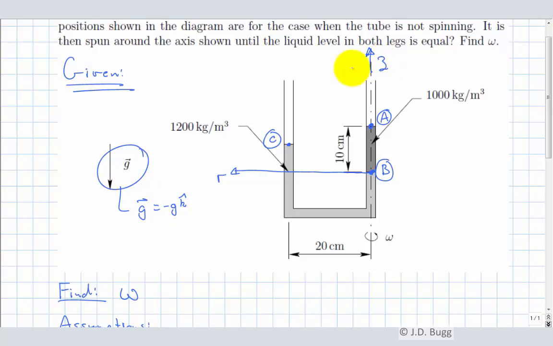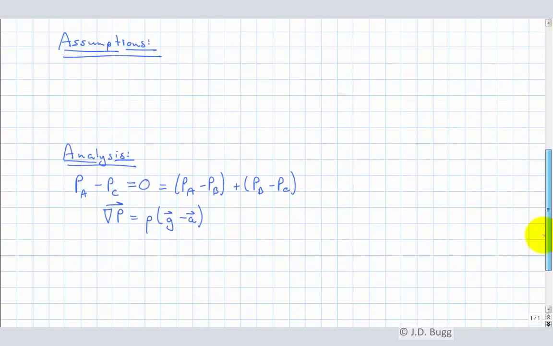Notice the z is pointing up, so k is the unit vector in the z direction. This g is in the minus k direction, so we'll just make a note of that down here as well: g equals minus g k. Now notice, because I pulled out the basic hydrostatic equation here, I need to say that the fluids are in a hydrostatic state.